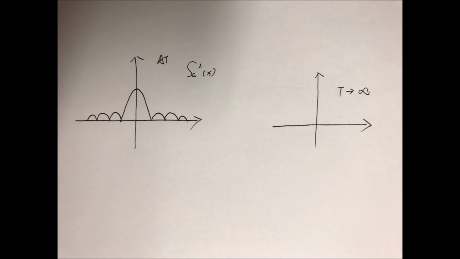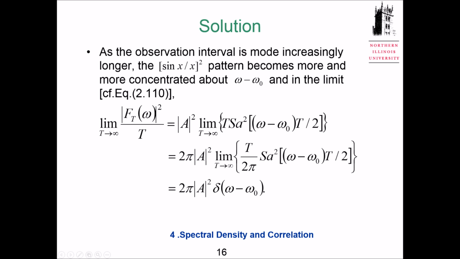So I get an impulse when T goes to infinity. I get delta of omega minus omega 0. So 4.2.2 is an example showing how we can use 4.17. The tricky thing is to find the modified Fourier transform.